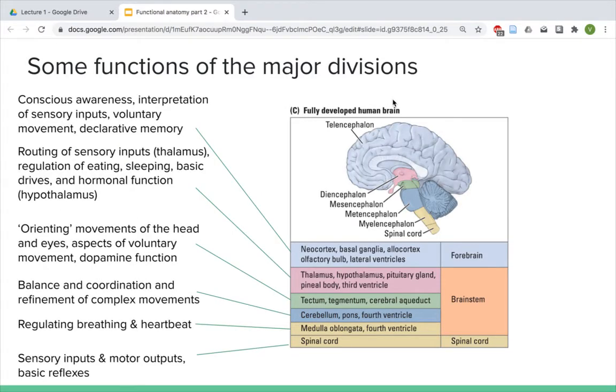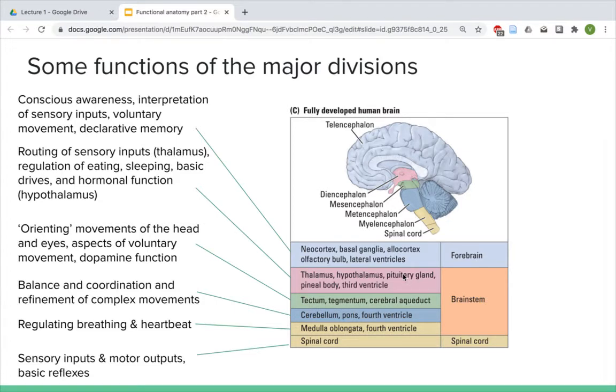Now, let's talk about some of the functions. You remember back when I talked about the cerebral cortex, and I said when we talk about the four lobes of the cortex, it's kind of like talking about time zones, because within a time zone there are many different subdivisions. The same is true for the cortex, but really for all of these. So, for example, starting up here with the diencephalon, it contains a number of different structures, including the thalamus, the hypothalamus, and the pituitary gland.